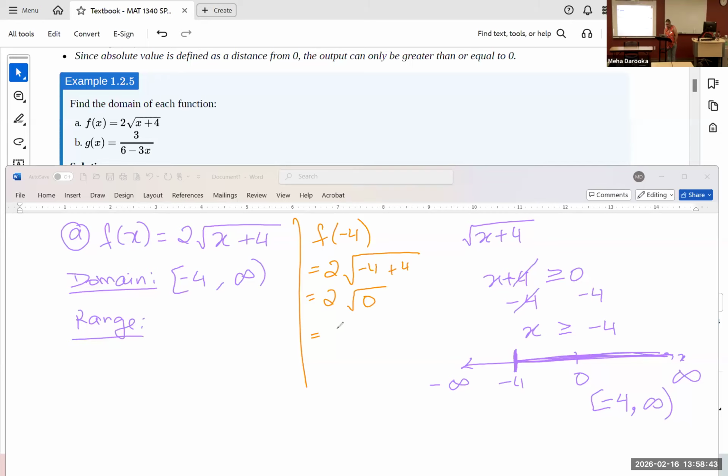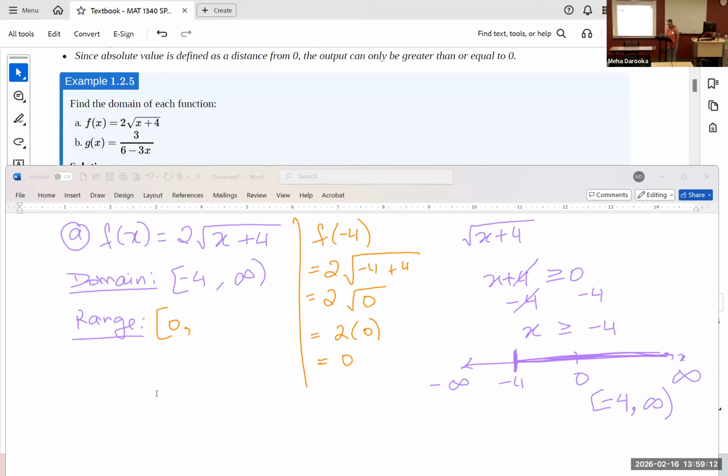And of course, we know square root of 0 is going to be 0, right? So we end up multiplying 2 times 0, which will give you 0, right? So that actually tells you that when I use the lowest x value that we know from the domain and plug that into our function, it looks like you are actually going to be starting out at 0, and we should be, ooh, how did that happen?